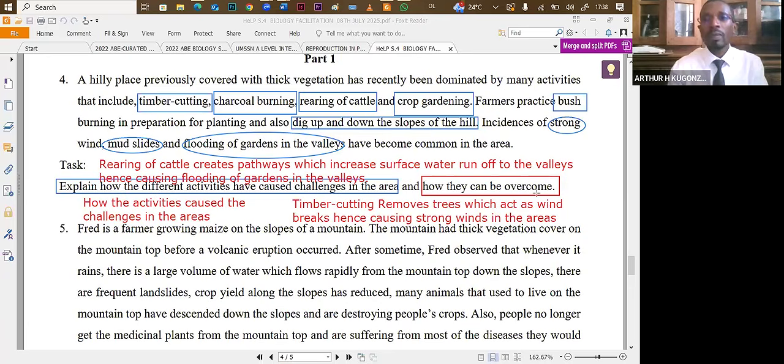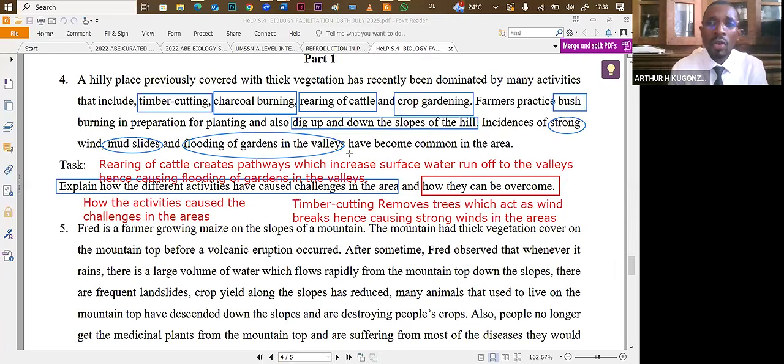For us to get the challenges, you have to go back to the scenario and ask yourself, are the challenges given directly? If they are given directly, then you solve challenge per challenge.